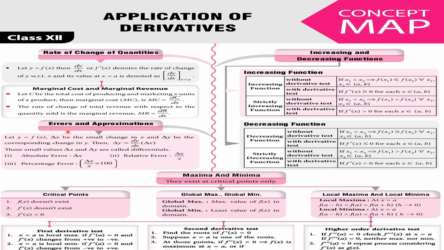And errors and approximations we find with the help of derivatives. Similarly, maxima and minima, the extreme values of a function, meaning maximum value and minimum value, we use the concept of derivatives. Okay, my children, understood? Right.